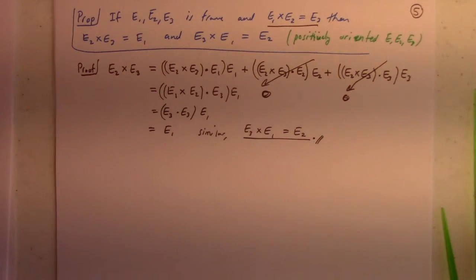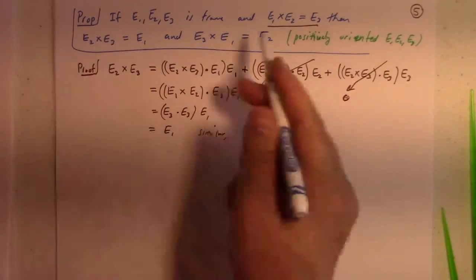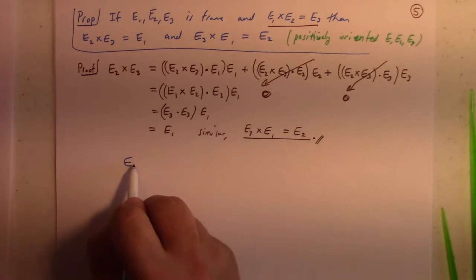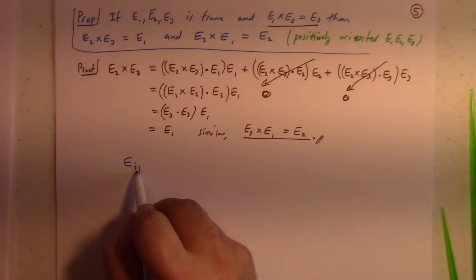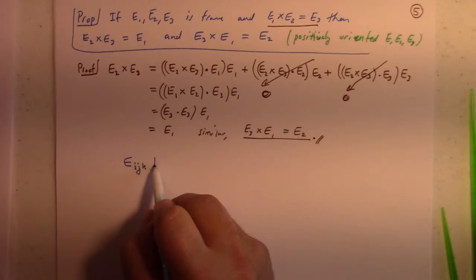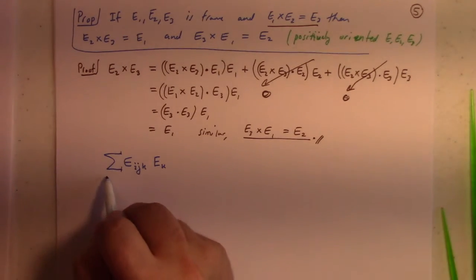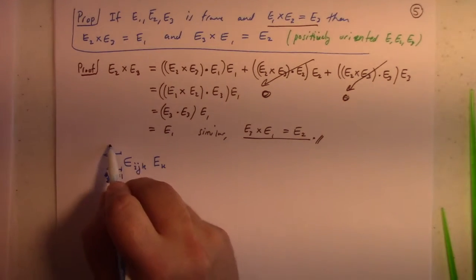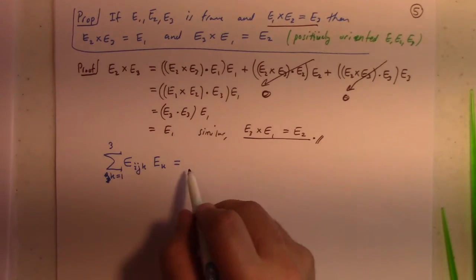And you know what? There's a really awesome little theorem. Oh, by the way, all this stuff I'm saying up here, you could elegantly summarize as follows. Epsilon I, J, K, E_K, this is a very silly summation, sum K equals 1 to 3, because it's only non-zero for one thing.